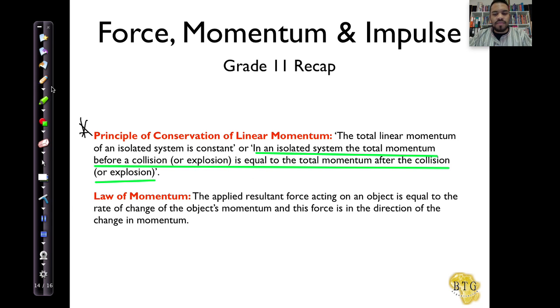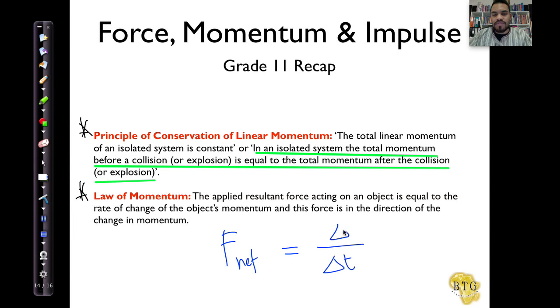Okay, and then the second part is the law of momentum. The law of momentum says the following. In the form of a formula, it says that F net, or the applied resultant force acting on an object, is equal to the rate of change, that means it's something divided by time, of the object's momentum.